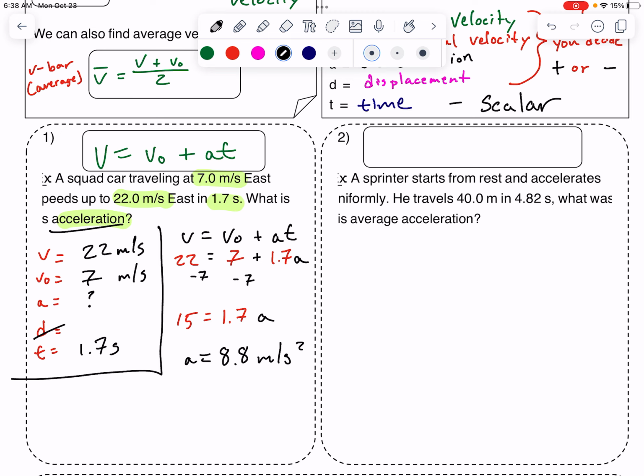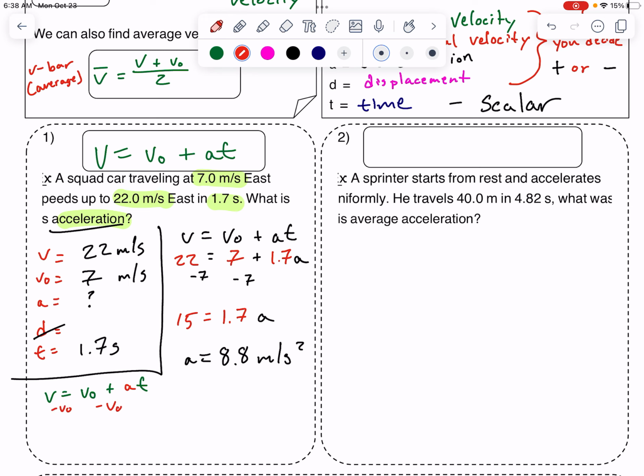Now, another method you could do is do it a little bit more algebraically. So we have our equation. You know that you're solving for a. So what you could do is start by just rearranging your equation. We subtract V0 from both sides.